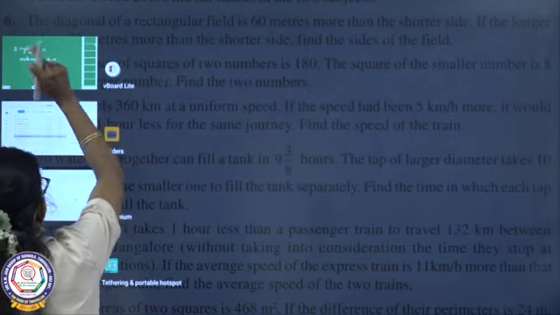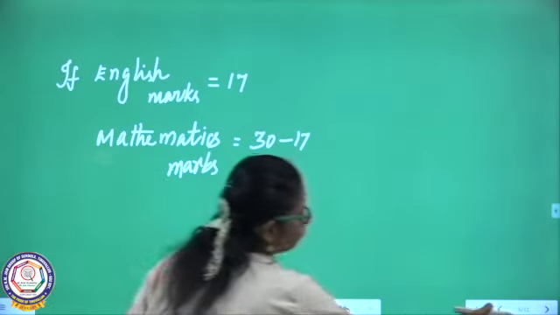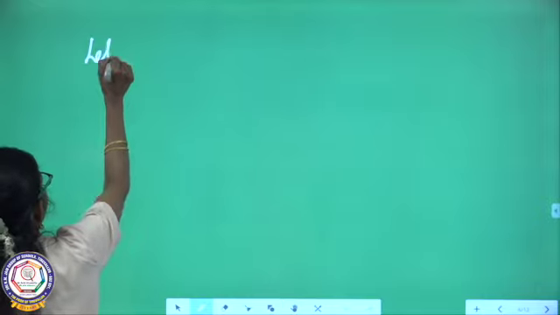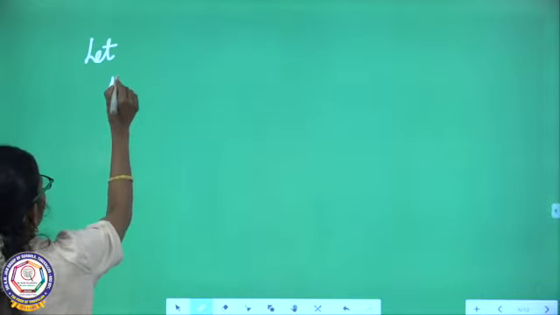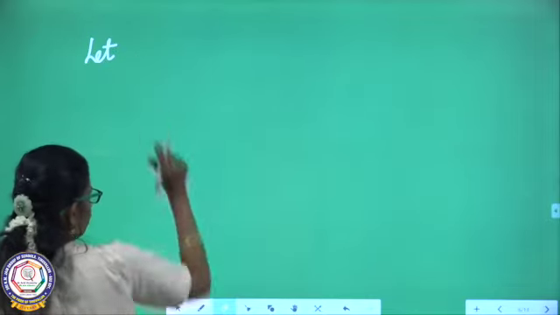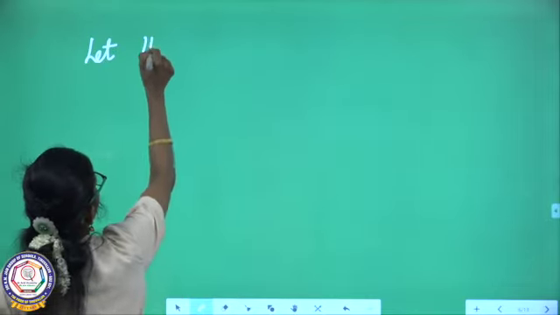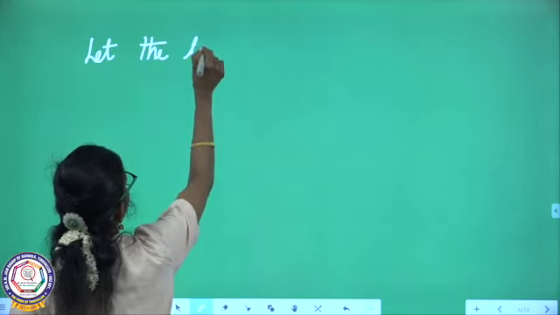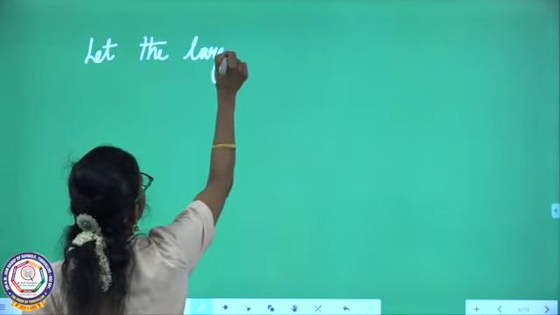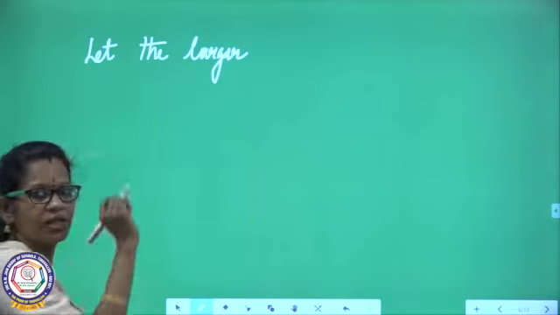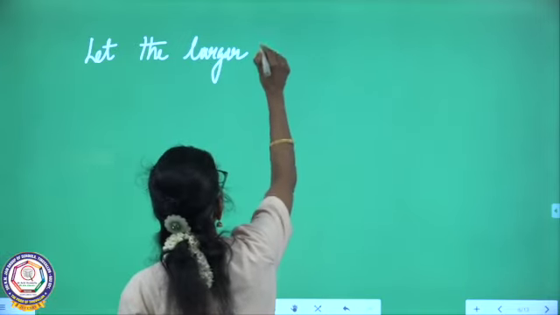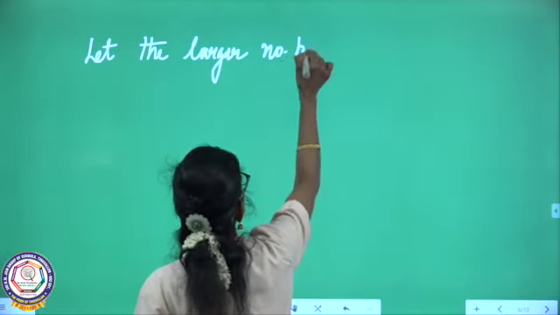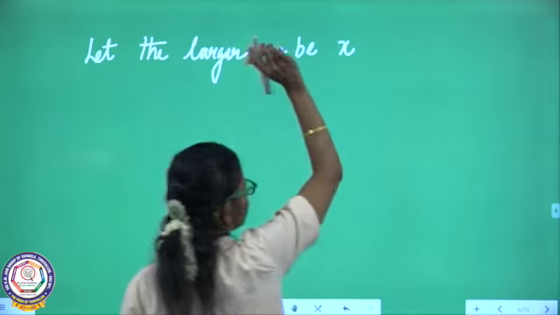How am I going to convert it into the format, right? Let the larger number be x, right?